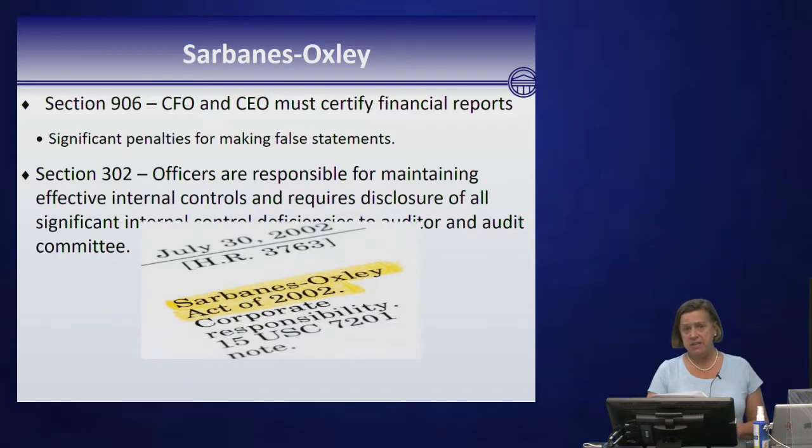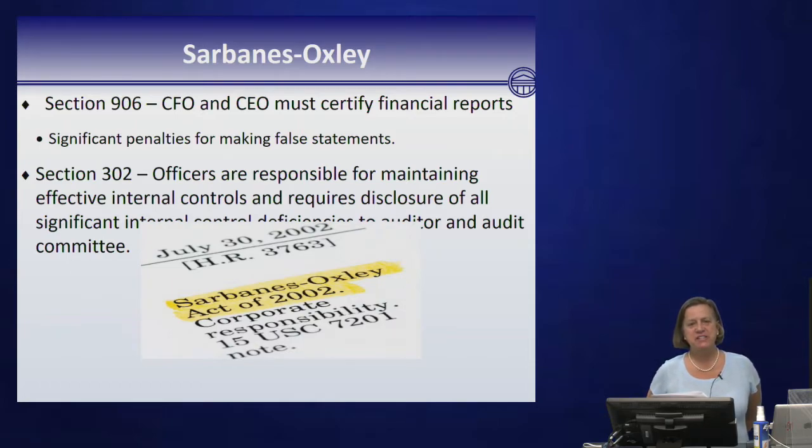Sarbanes-Oxley does a lot of things, but let me point out a couple of major things that they do. Section 906, CFOs and CEOs have to certify financial reports under Sarbanes-Oxley. If you do not, then you may be fined $1 million and serve up to 10 years in prison. For willful violations of Section 906, there could be $5 million in fines and up to 20 years in prison.